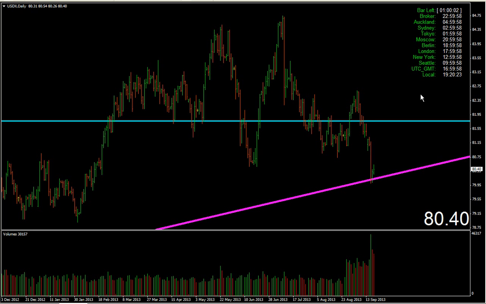Maybe this year, in the next two meetings, or lately next year. So all in all, without tapering there could be less pressure on the dollar. So it could be a good reason to buy dollars.